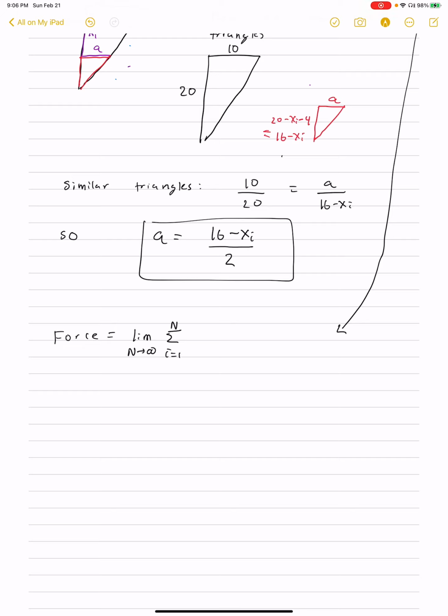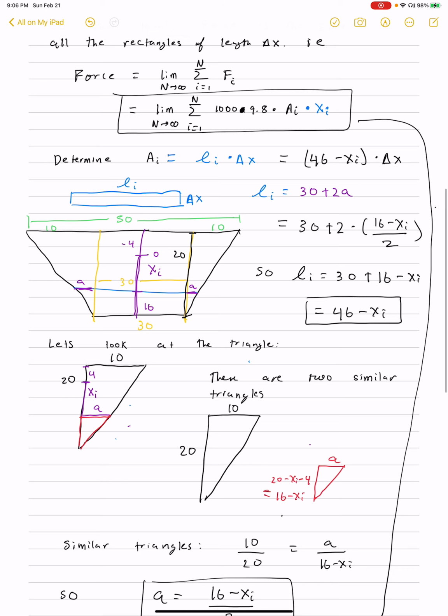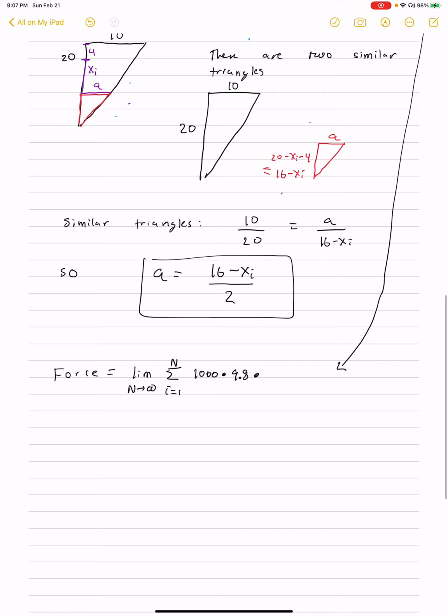So infinite subdivisions of this 1,000 multiplied by 9.8 from gravity multiplied by, let's just check, so area is going to be our 46 minus x sub i multiplied by delta x.